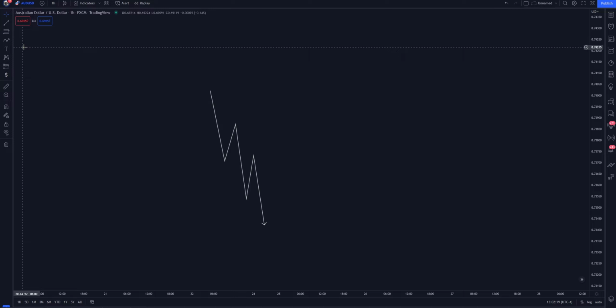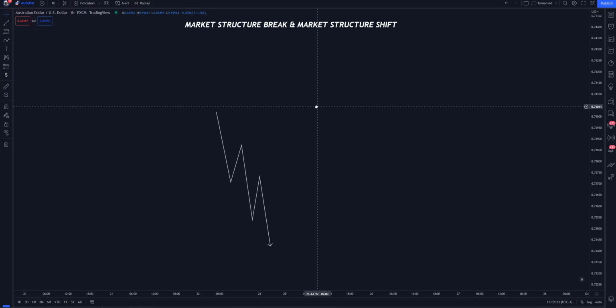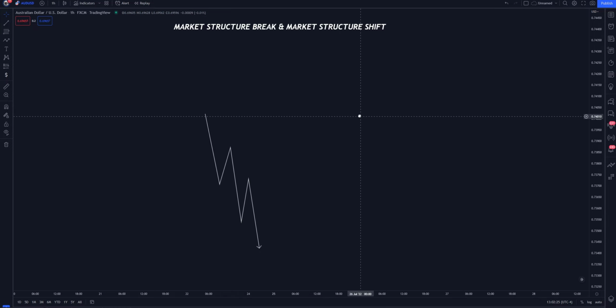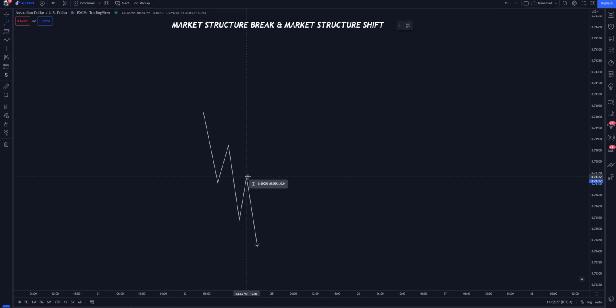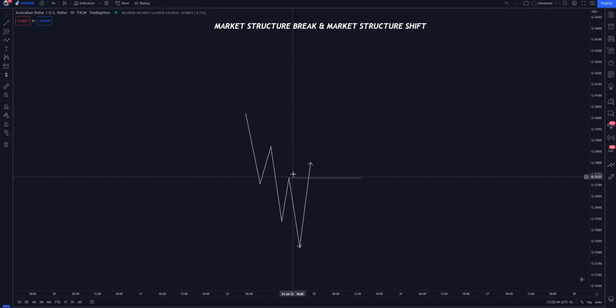When the new lower low is made, and if you are looking for market structure shift, then we would wait for price to break the previous lower high. So we made lower low, lower high, lower low, lower high, lower low. And then what we would wait for is for price to break the previous high.